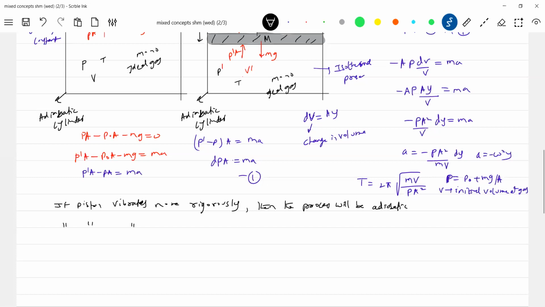If the piston vibrates slowly or gradually, then the process will be isothermal.